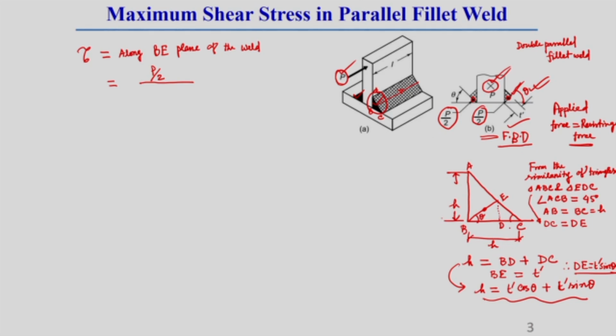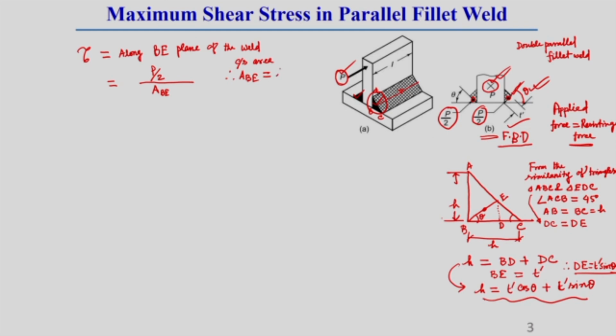So, what should be the cross sectional area? Let the cross sectional area of this plane BE, which I am representing as ABE. So, ABE we can write as, ABE is the cross sectional area of this BE plane of this weld. So, ABE will be how much?